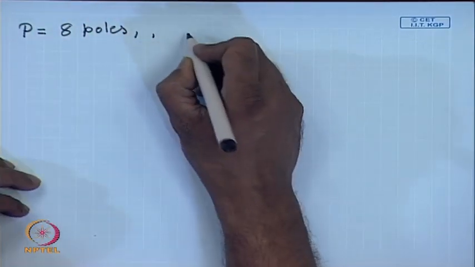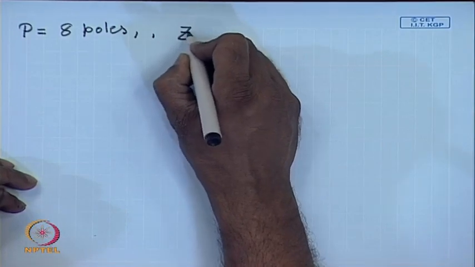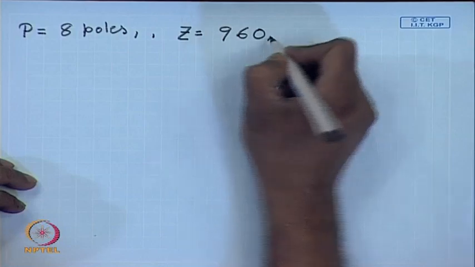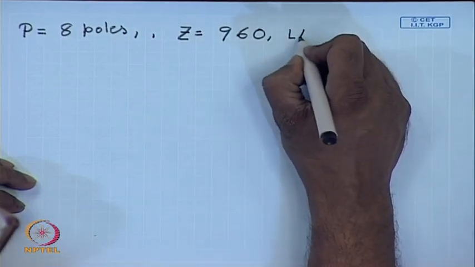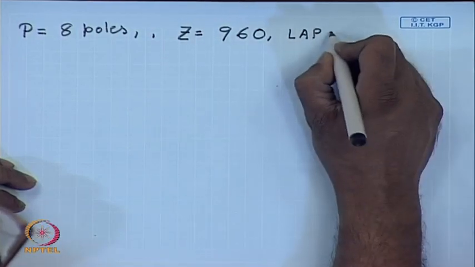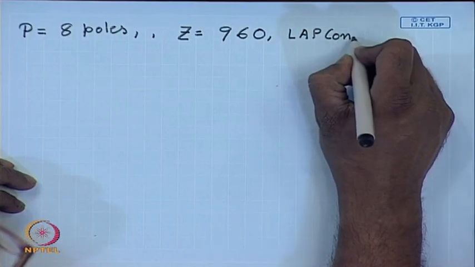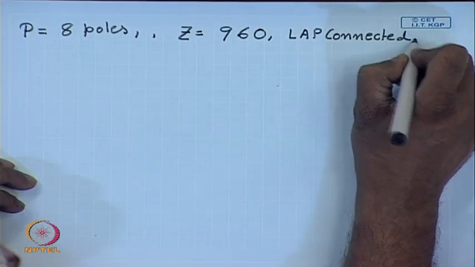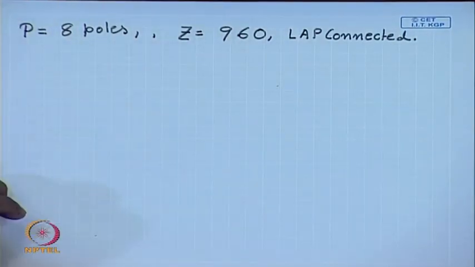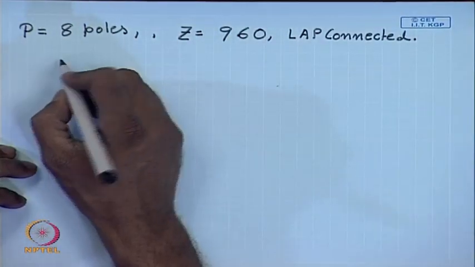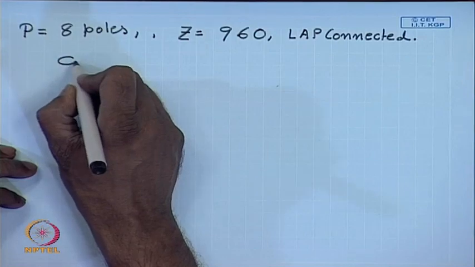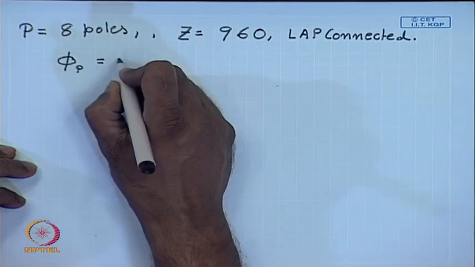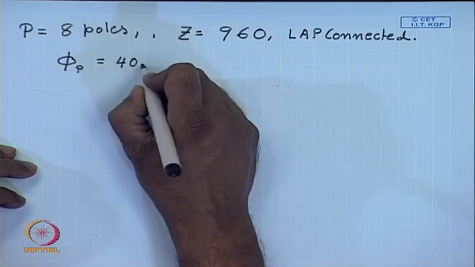There are 960 conductors, that is Z equal to 960, which are lap connected. The flux per pole of the machine is 40 milliweber.